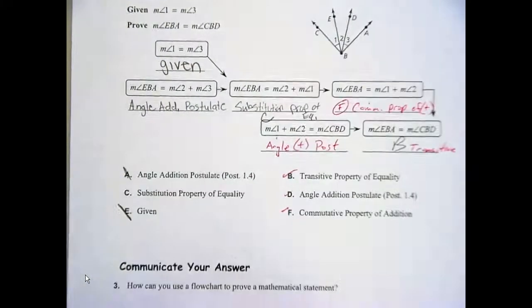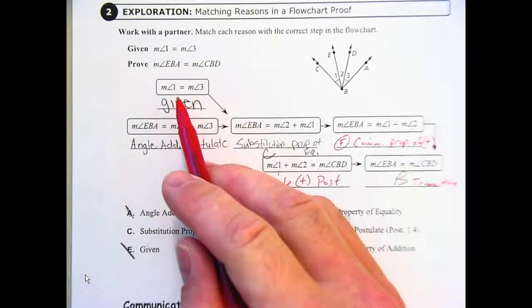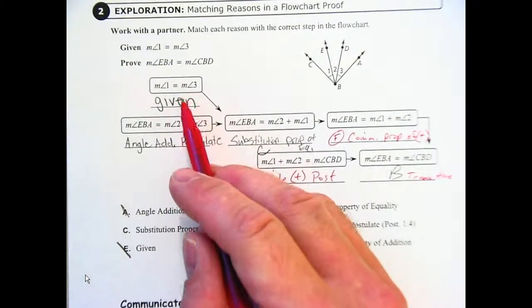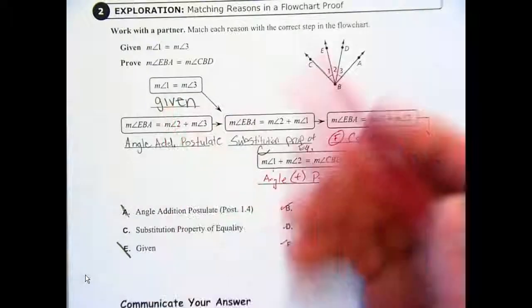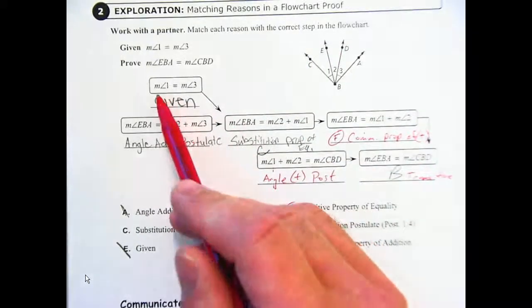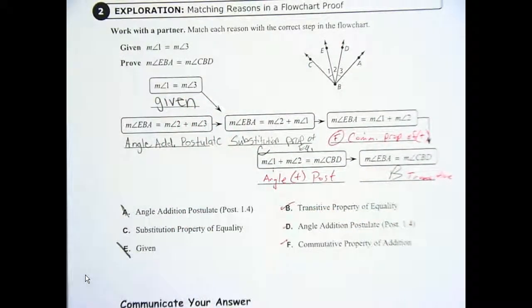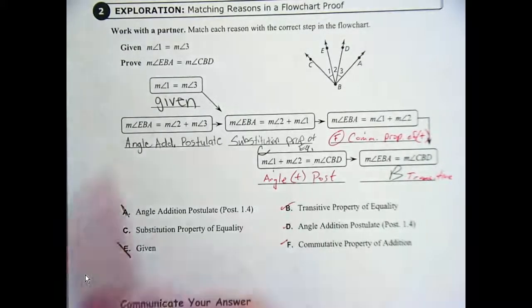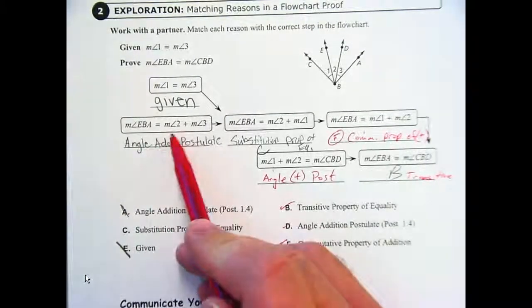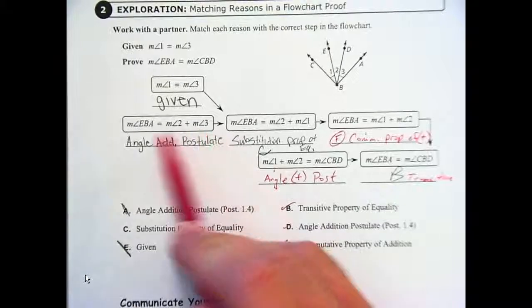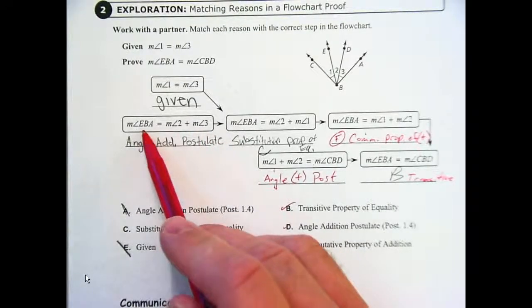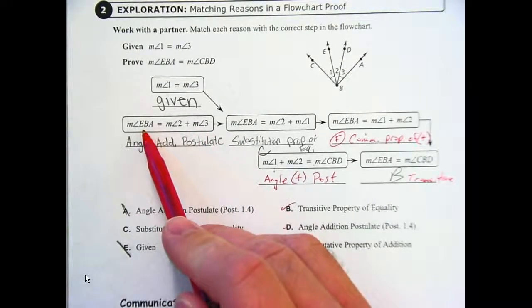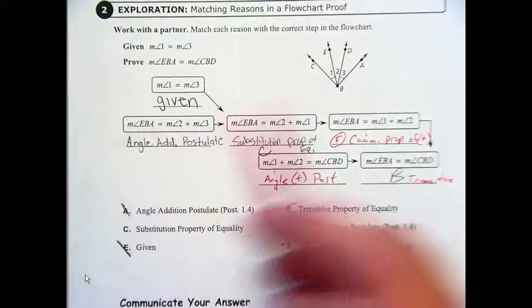You could say measure of angle 1 equals measure of angle 3, or in a paragraph format you would say we are given that measure of angle 1 is equal to measure of angle 3. By the angle addition postulate, we could say angle 1 plus angle 3 is equal to measure of angle EBA. Okay?